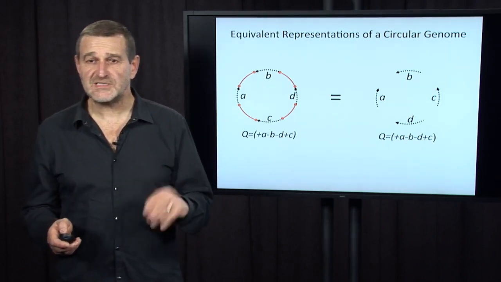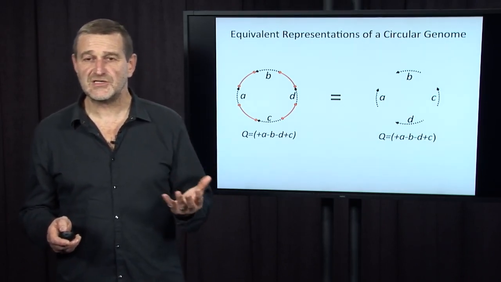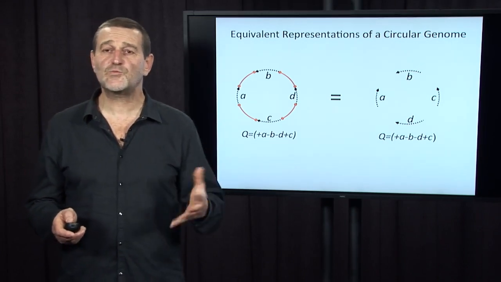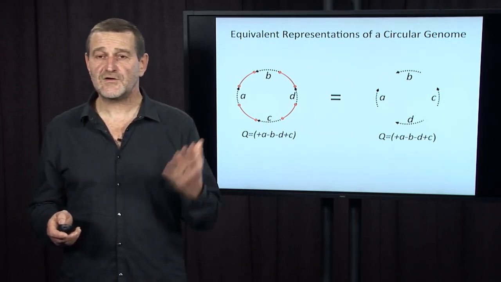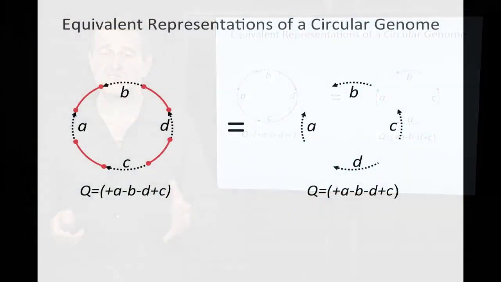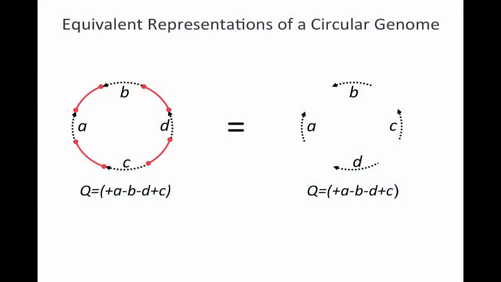First, let's notice that for every genome, there are many different ways to visualize it. For example, this is genome Q arranged in natural order along a cycle. But we can change arrangements of black edges of Q, and how does this cycle look in this case?